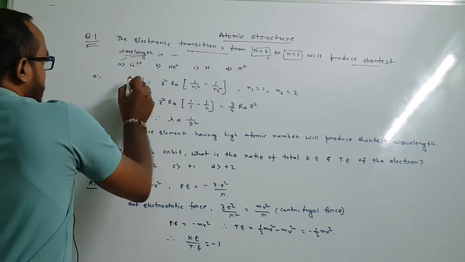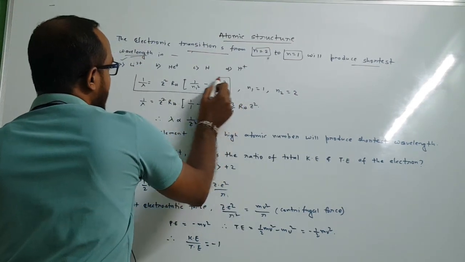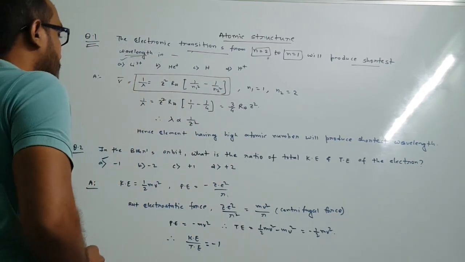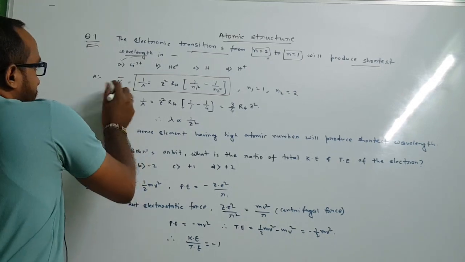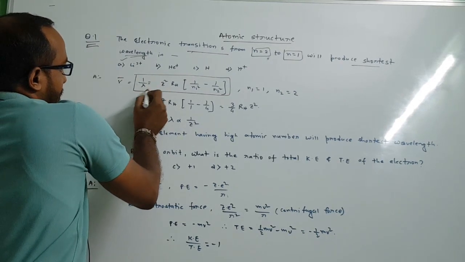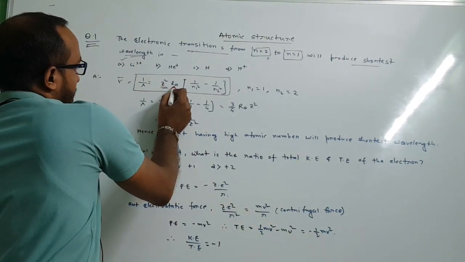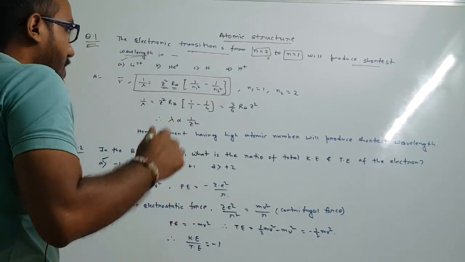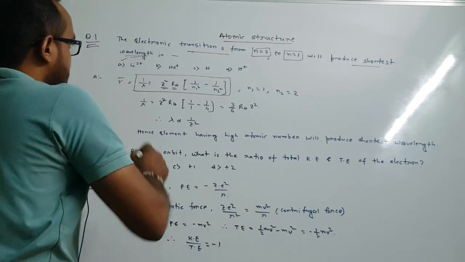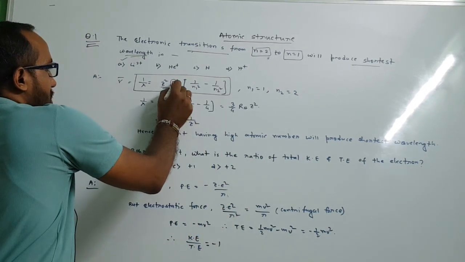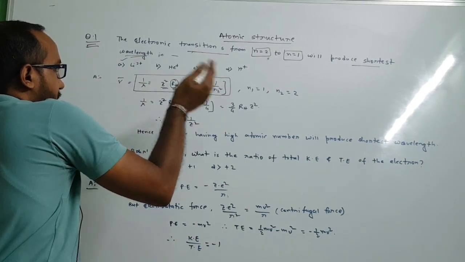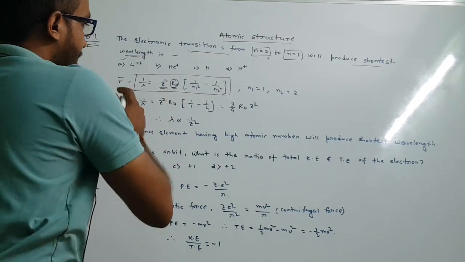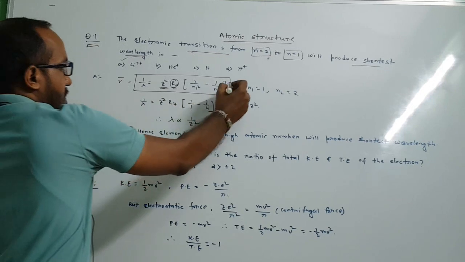From the Rydberg equation we know 1 by lambda, that is nu bar, wave number, equals Z square Rh into (1 by n1 square minus 1 by n2 square). For hydrogen and hydrogen-like species we only use Rh, but if it is not hydrogen then we will use the Z square term also in the multiplication. Remember, this is very important.